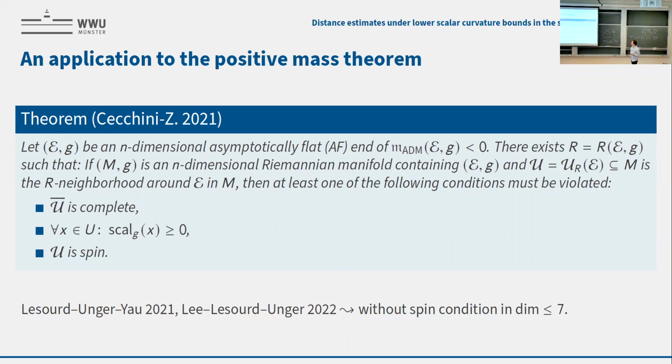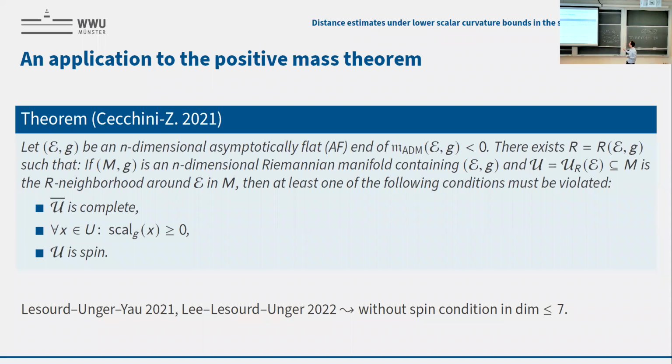And here's a variation of this which tries to make this a little bit more quantitative again by considering the following setup. We want to get a contradiction to the positive mass theorem, I guess. We start with an asymptotically flat end of negative mass, the kind of thing we don't want. And then the statement is that whenever we try to embed this into some n-dimensional Riemannian manifold, then we must somehow violate the assumptions of the positive mass theorem.